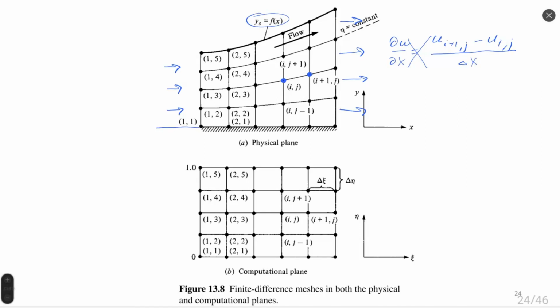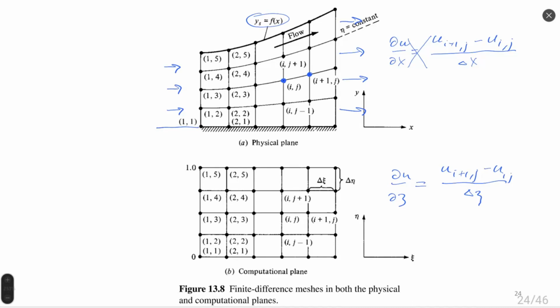So for this case, if I write, for example, du by d xi would be equal to u i plus 1 j minus u i j divided by delta xi. Okay, this would be correct now.